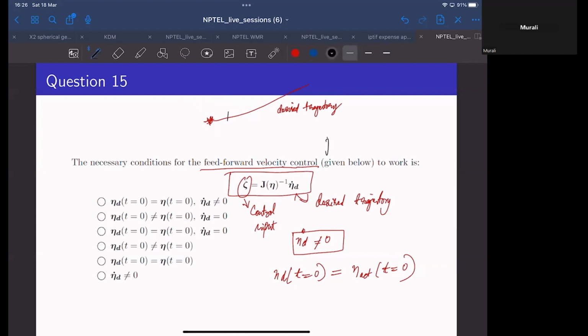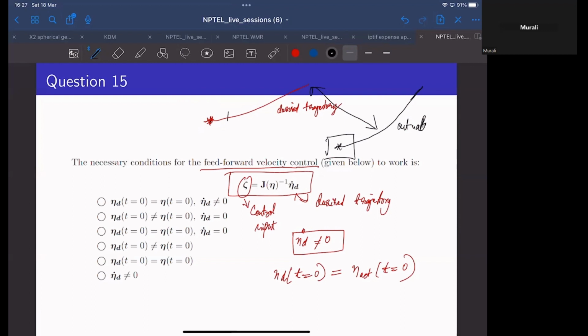If our robot is actually starting somewhere else, not coinciding with the initial condition of the desired trajectory, it will still follow something similar to the desired trajectory, given there are no external disturbances or errors. But as you can see, there is a large offset depending on this initial condition. There is a large offset between desired and actual trajectory. This is basically actual.